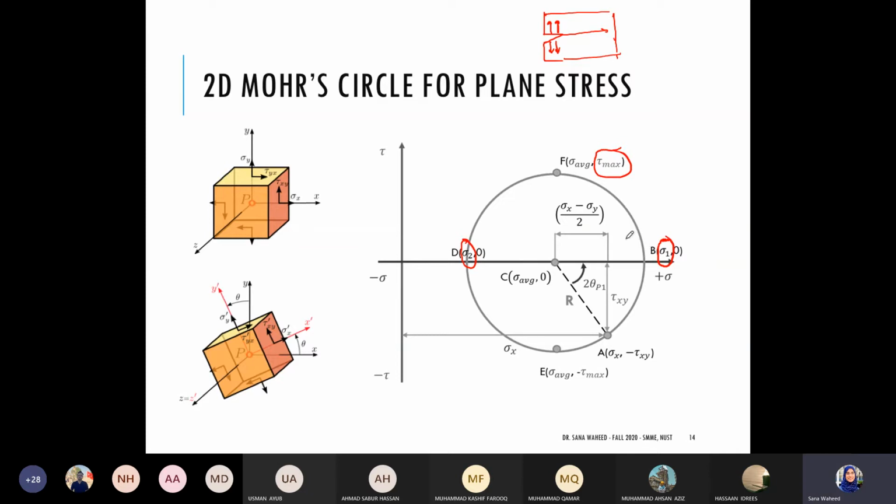Secondly, instead, if I have some other material, let's say a ductile material such as steel. Just for your information, ductile materials tend to fail because of yielding or plasticity. That means permanent plastic deformation starts to occur inside them.